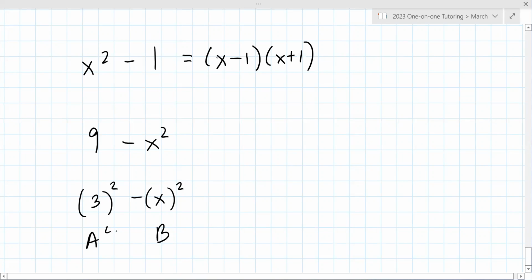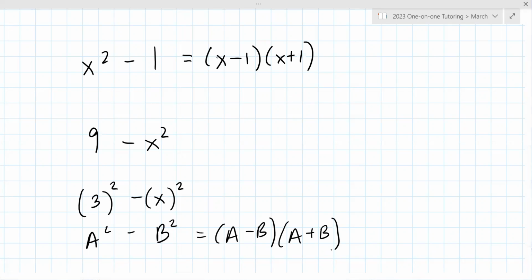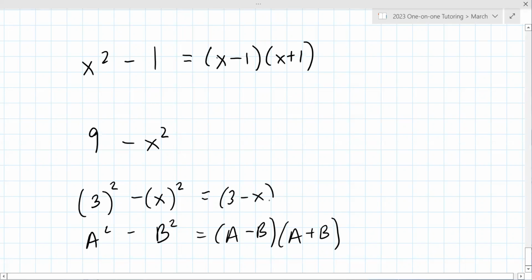And you still always write it as a minus b, a plus b. So I would write that like that: 3 minus X, 3 plus X. Whichever one comes first, the X or the number, because it could go either way.